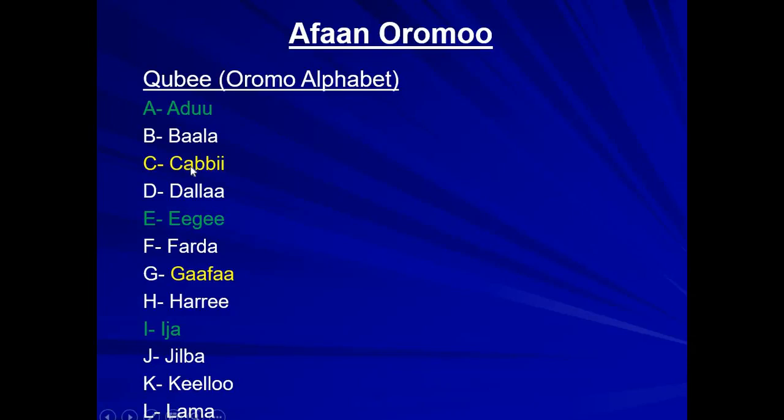Look at the yellow ones. These yellow letters, sorry, G must have been yellow to be similar with the letter C. These are the differences we have from English. This is not C anymore in Oromo. If you want to write the ch sound, we use C. So this is a different sound.